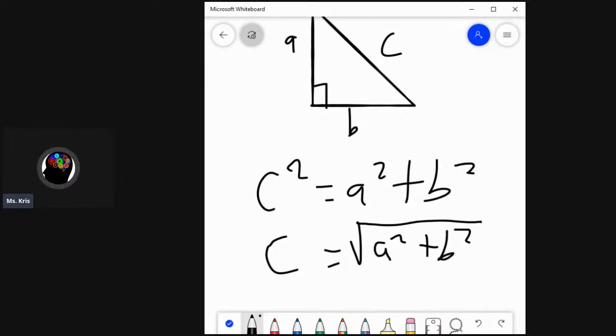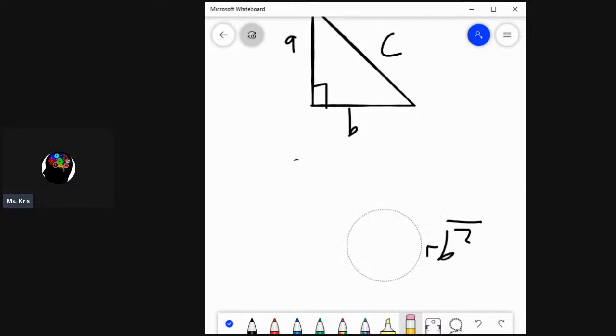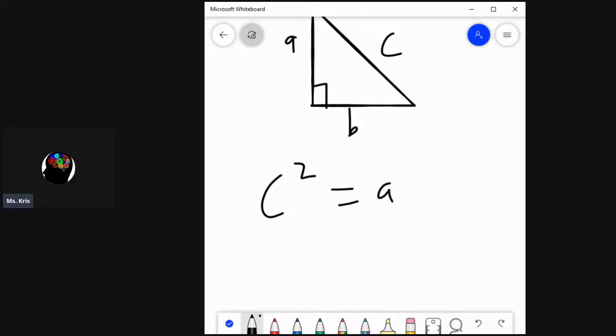Now, if you are trying to find one of the legs, you got C squared and it equals A squared plus B squared.